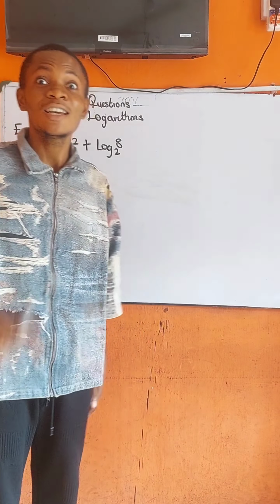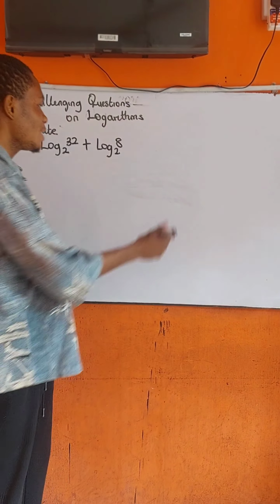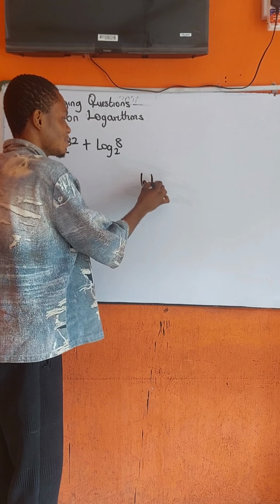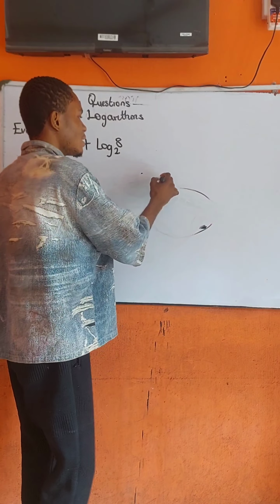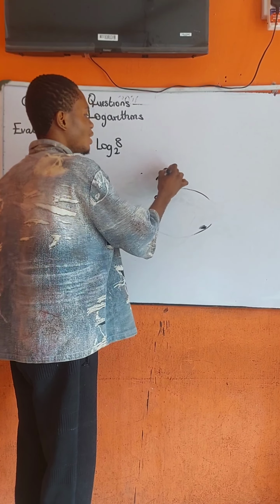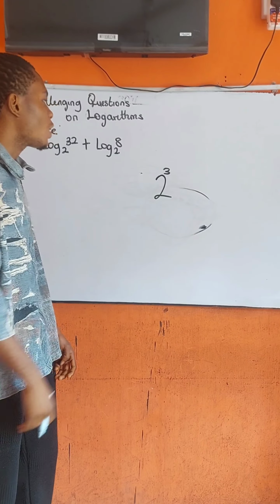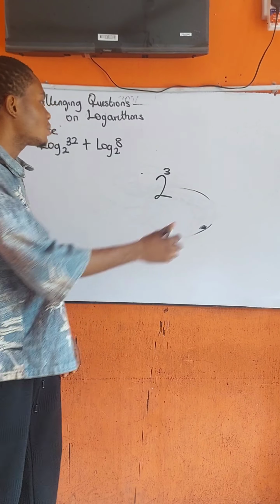Let's start. But before we do this, let's go back to our indices. Once you have something like 2 raised to power 3, you find the value like this: 2 times 2 times 2, which is 8. True or false? True.